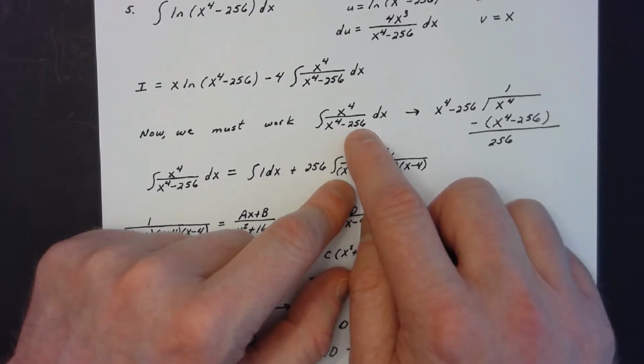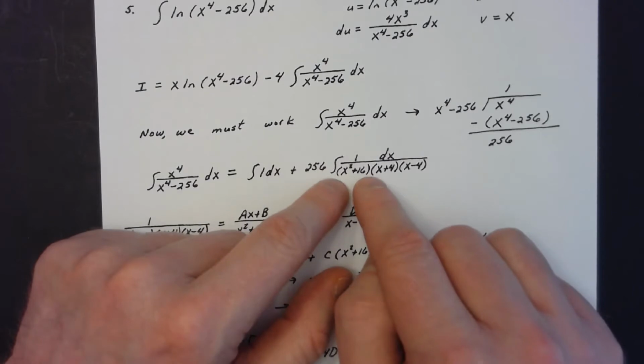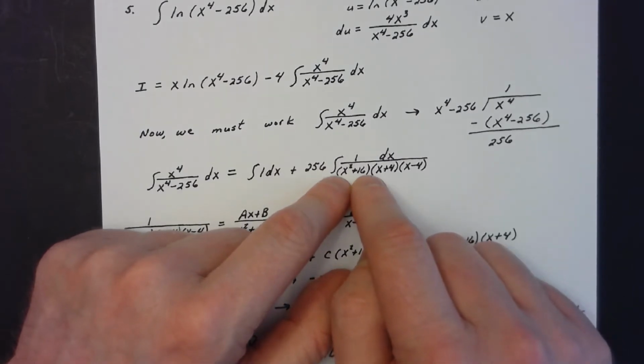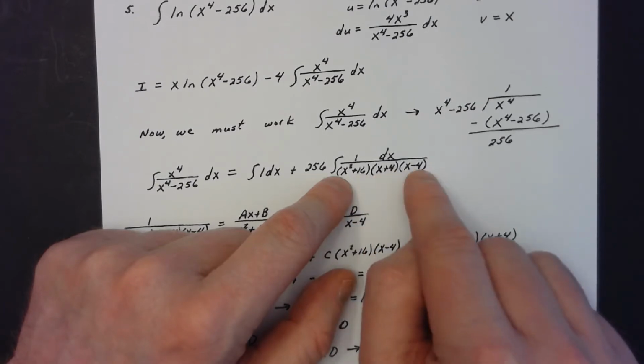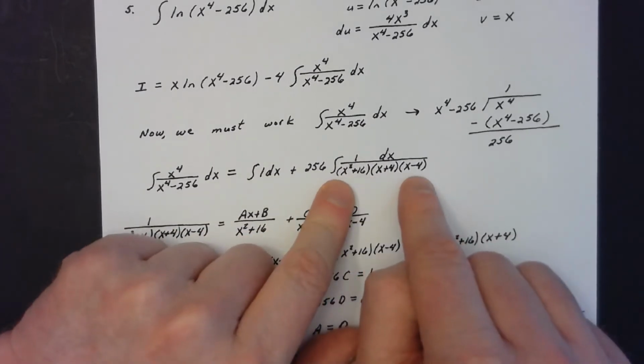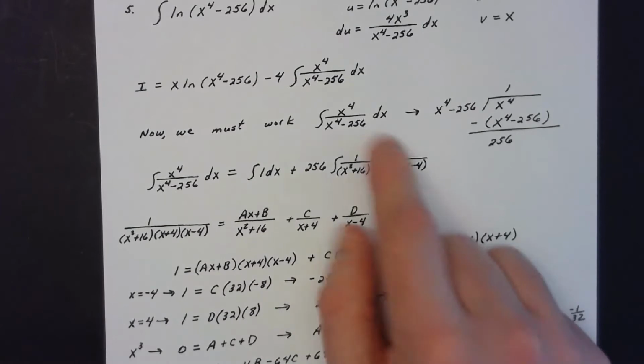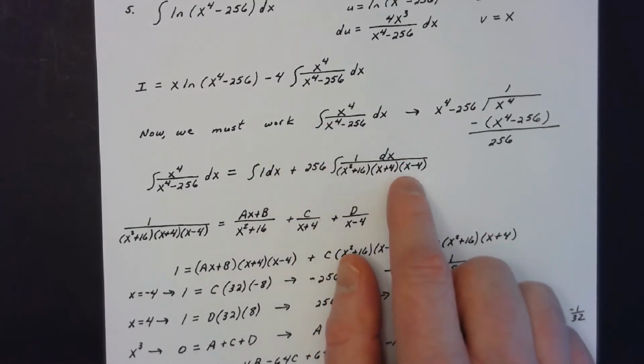So I can say, well, then that is x to the 4th minus 4 to the 4th, which is going to factor to be x squared plus 4 squared, or x squared plus 16. And then the x squared minus 4 squared becomes x plus 4, x minus 4. So it factors by difference of 2 squares twice. And so I know this is the fully factored final form of that x to the 4th minus 256.